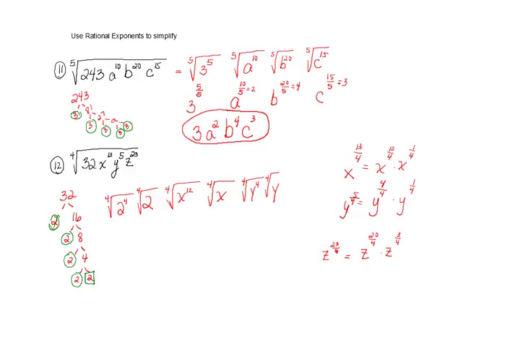Same thing with y to the 5th: I want to take out the highest that's divisible by 4, which is 4, and I'm left with 1. Same thing with the z. On 23 over 4, I want to take out the highest number divisible by 4 in 23, which is going to be 20, and then I have 3 left over.